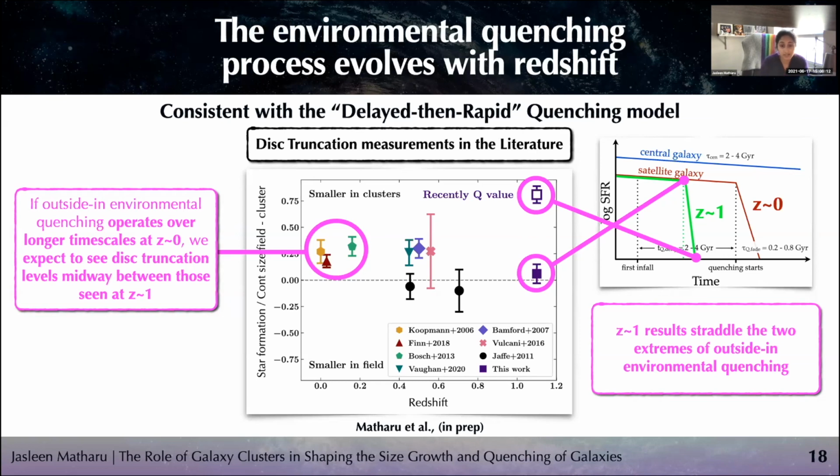So if outside-in environmental quenching operates over longer timescales at lower redshift, we should expect to see disk truncation measurements lying midway between those seen at redshift 1. And that's actually kind of what we see here. So our results have the sensitivity to confirm that the environmental quenching process evolves with redshift when comparing to the literature.